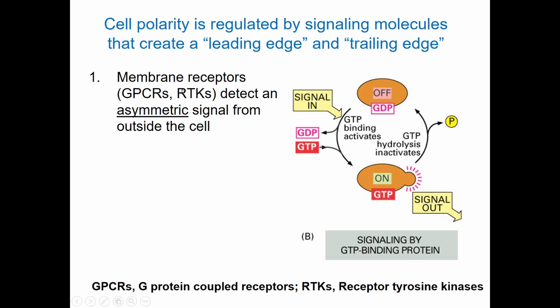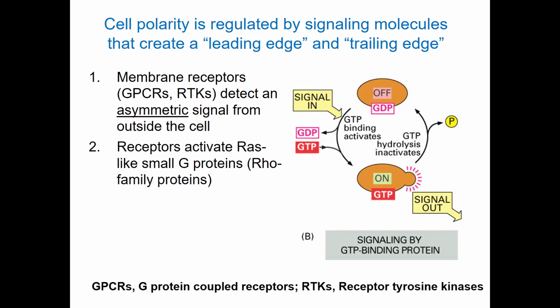Receptor tyrosine kinases, RTKs, detect an asymmetric signal from outside the cell. That means these two types of receptor, depending on the cell, perceive the signal, and then the receptor is activated.